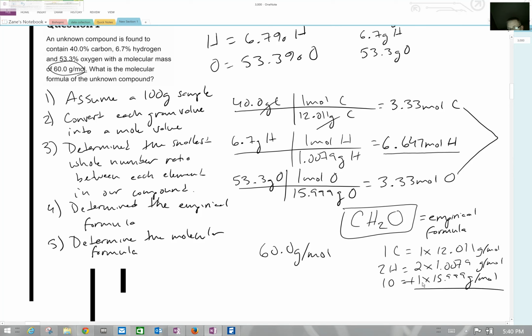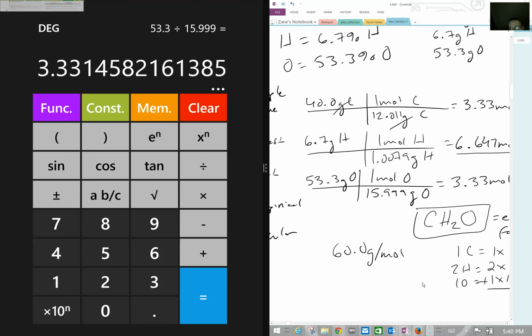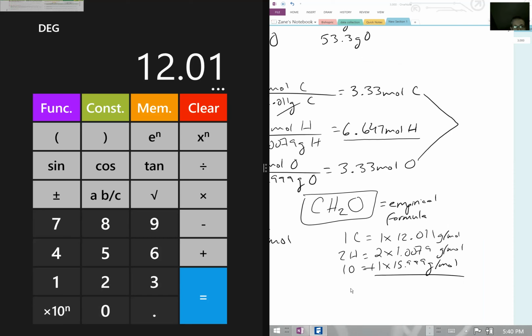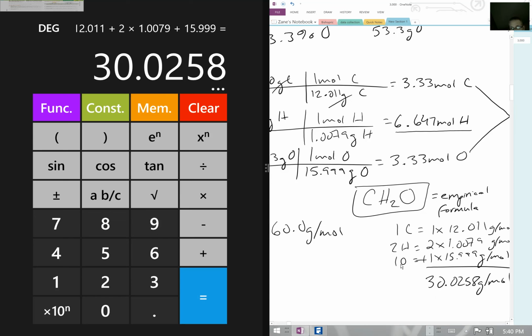I'm going to add all these up, and we're going to figure out what the formula mass of our empirical formula is. So my calculator, I'm going to type in 12.011 plus 2 times 1.0079 plus 15.999. So my formula mass for my empirical formula is 30.0258 grams per mole. Okay?